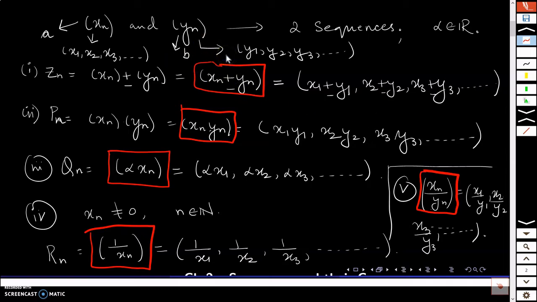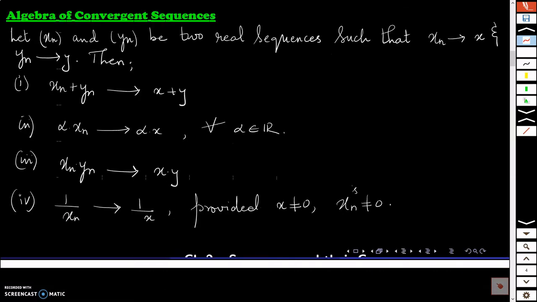So that is what we are going to do now. This is called algebra of convergent sequences. Let xn and yn be two real sequences such that xn converges to the point x and yn converges to the point y. Then their sum, this sequence xn plus yn, will converge to the sum of their limits, that is x plus y. This is the first thing.